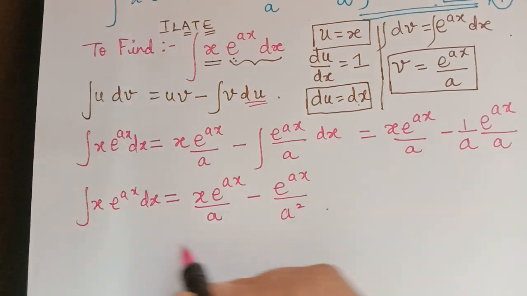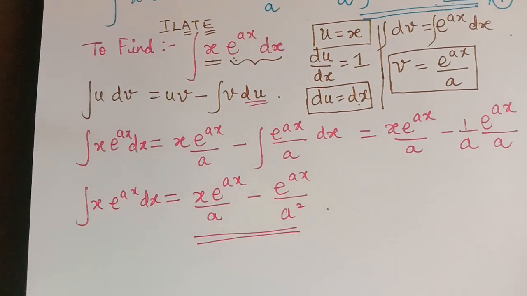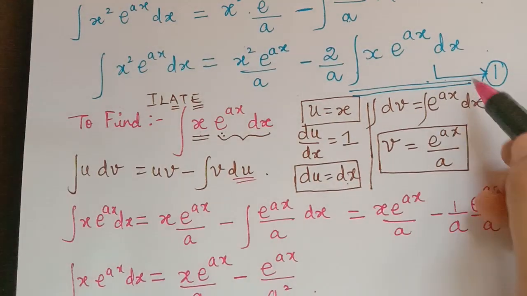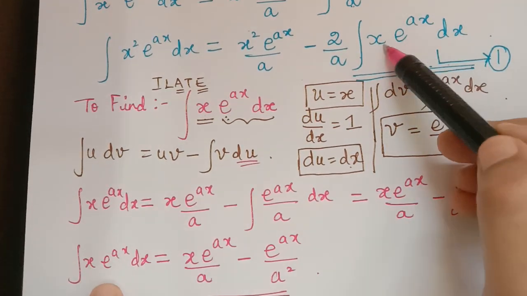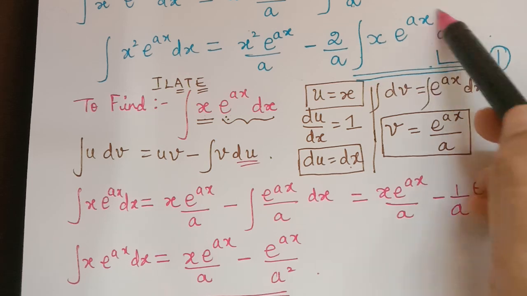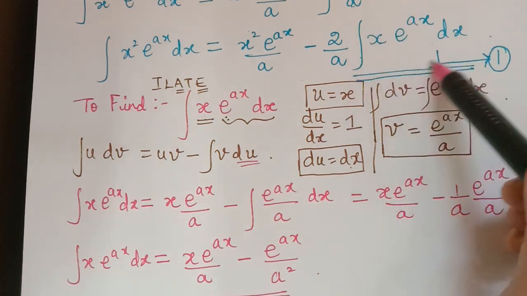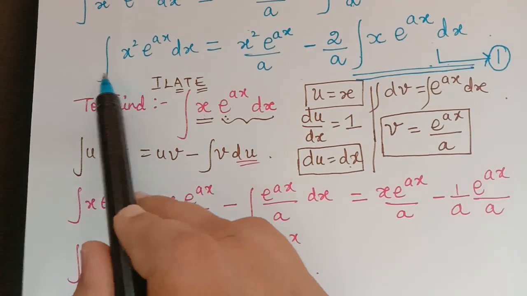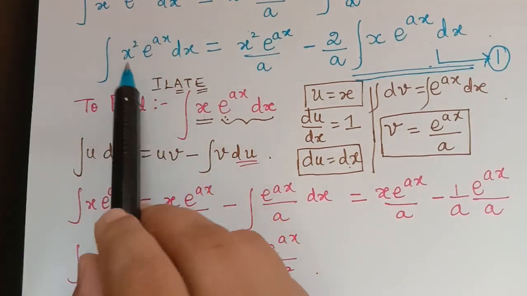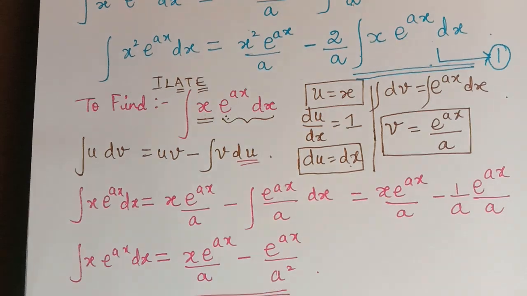Now we shall take this and substitute in our equation 1, that is in this place, because this is what we have evaluated here, x e power ax dx. So let us do that now. So equation 1, first we will write the left hand side, integral x square e power ax dx.